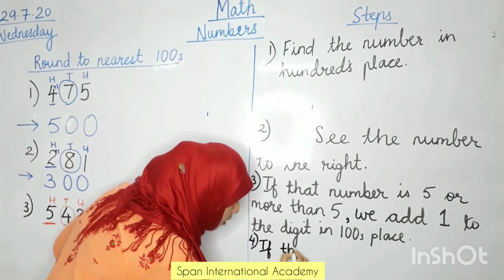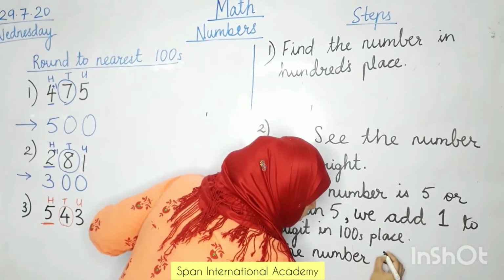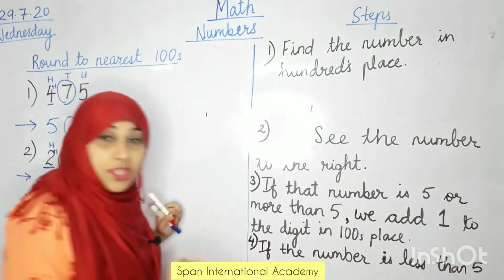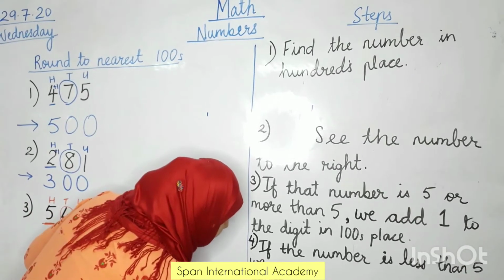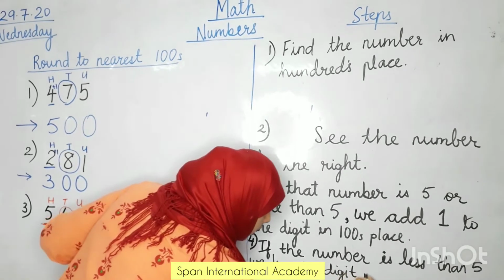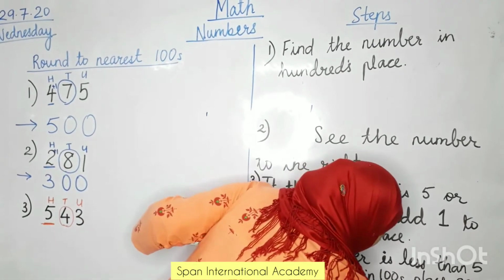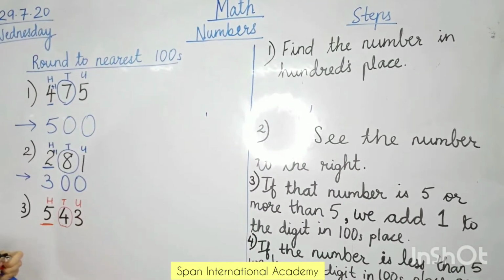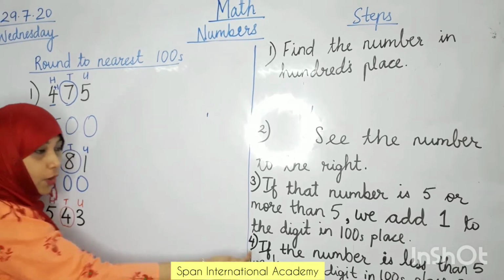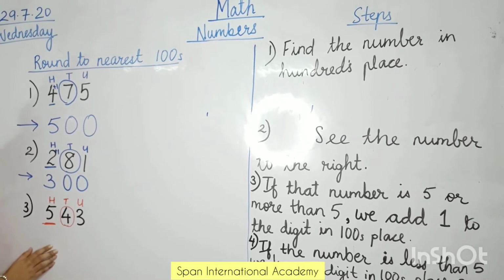If the number is less than 5, we keep the digit in the hundreds place the same. So my third step has brought in a fourth step, which tells me if the number is less than 5, we keep the number in the hundreds place the same.